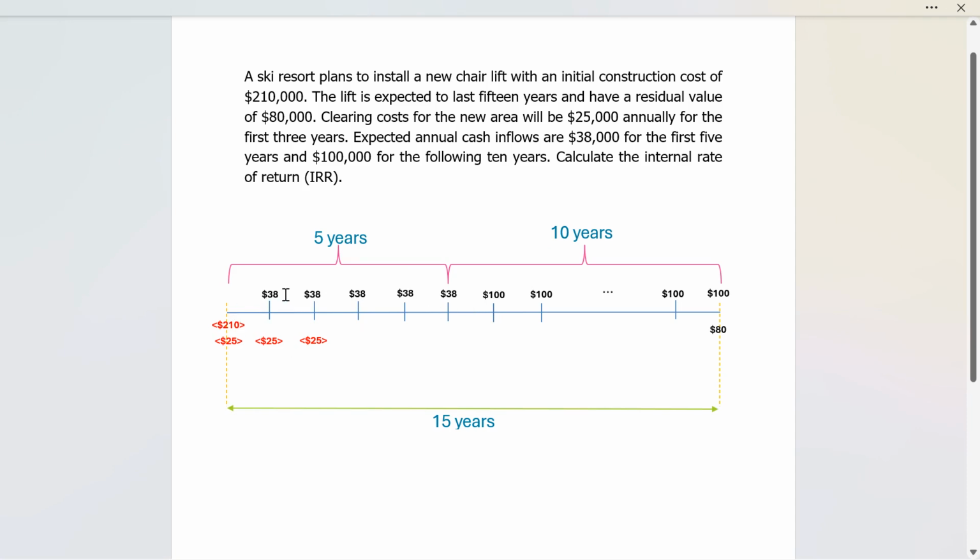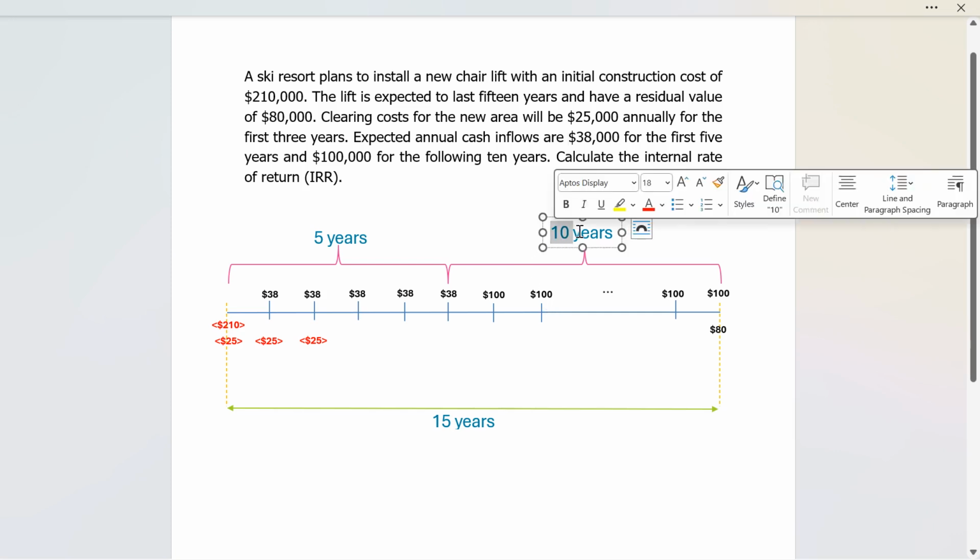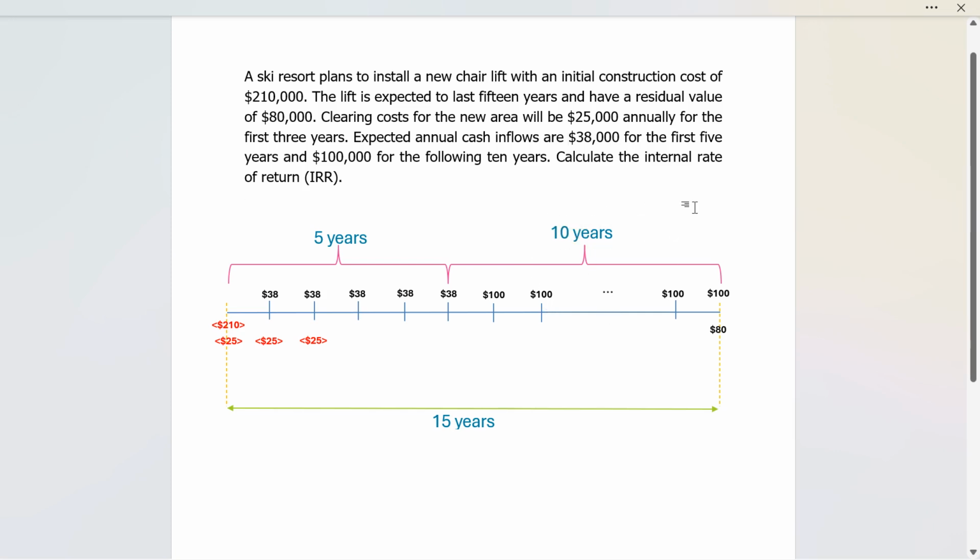Look at here. First return at the end of the first year, second return at the end of the second year, and so on. Also, they expect returns of $100,000 for the following 10 years. The first return of $100,000 at the end of year number 6, another at the end of year number 7.